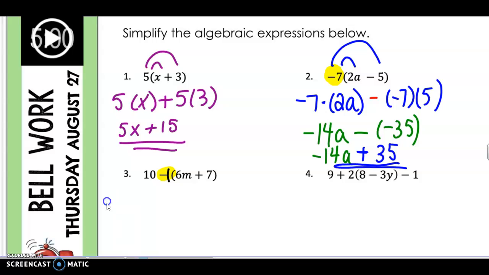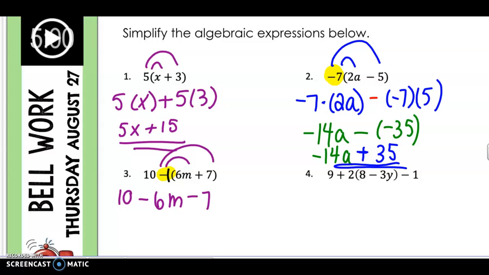So you might be asking, well, then what do I do with the 10? I don't multiply the 10 through the parentheses? No, we're just going to bring the 10 down to the next line. So we have 10, and now we're going to distribute the -1 through the parentheses. So -1 times 6m will give us -6m. -1 times 7 will give us -7.